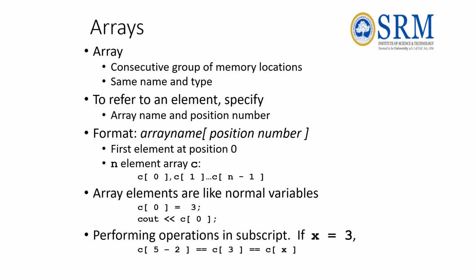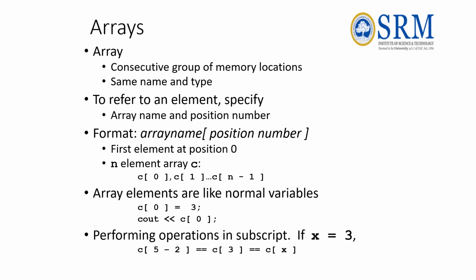You can also perform some operations with this index value. When I say it is 3, you can denote the position of index value 3, that is, the position of x. X is nothing but 3. So I am giving my array name and index value 3, and you can also perform small operations with this index value.